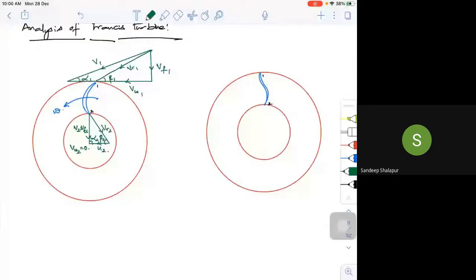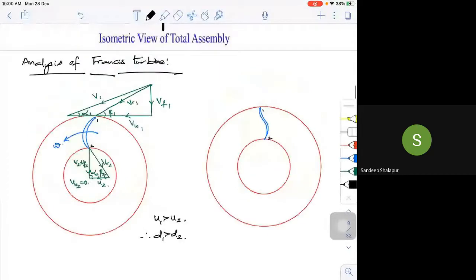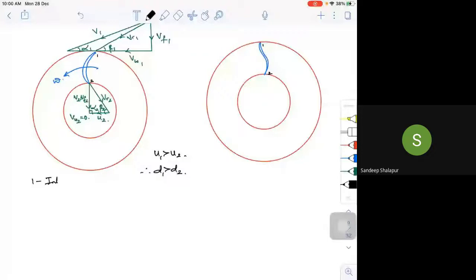My U1 is greater than U2 because the entry diameter is greater than the exit diameter. So if one is the inlet to the turbine and two is the outlet or exit, that is how the sign convention will go.